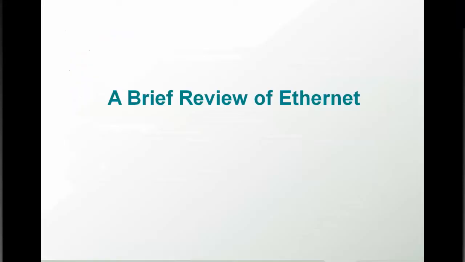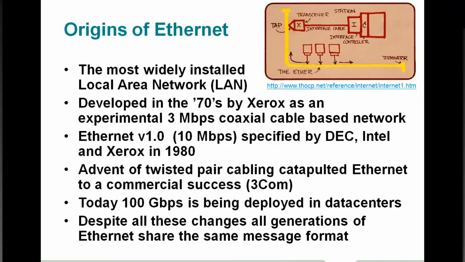Maybe as a starting point, I'd like to do a quick recap of Ethernet. I think it's amazing when you look back and see where this technology started and where it's led us to today. It sure looks a lot different than the first networks we had. Some of you that have been doing this for a while might remember the old coaxial cable that connected your networks.